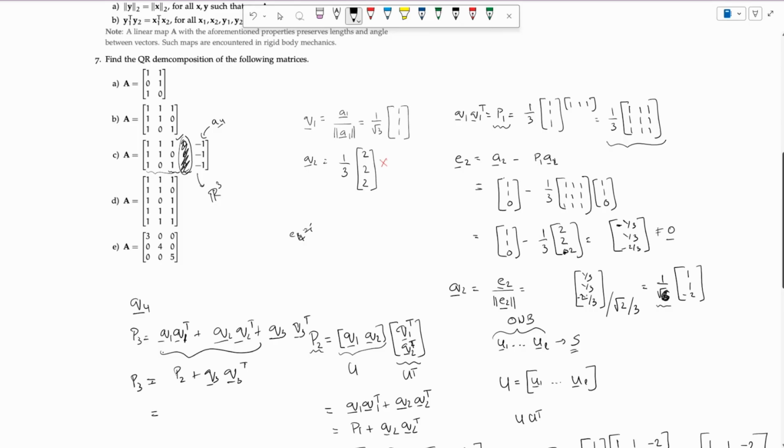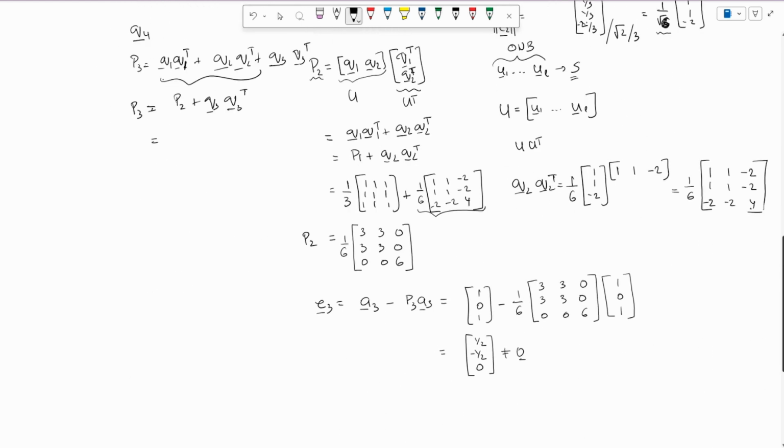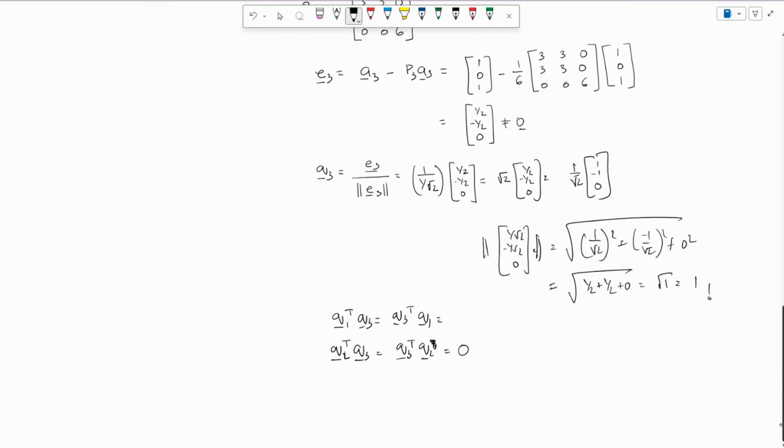What is Q3 Q3 transpose? Do you have it? What is Q3? Q3 is, well, there'll be a 1 by root 2, so there'll be 1 by 2. So I can just write it as 1 by 2, (1, minus 1, 0) multiplied by (1, minus 1, 0). What do you get?